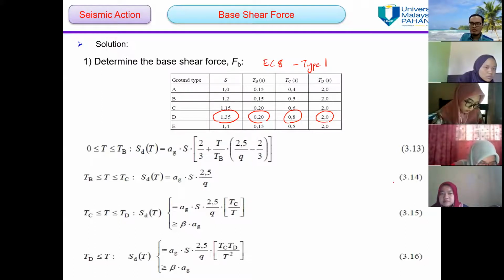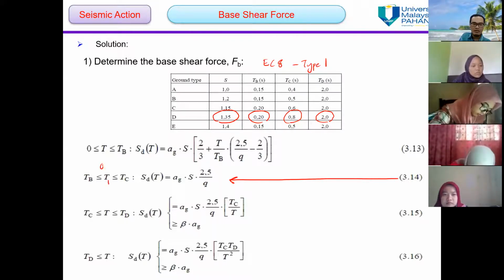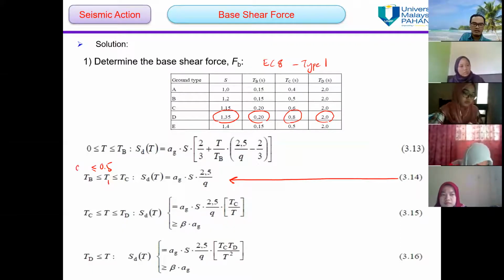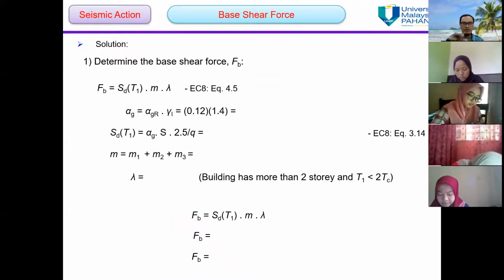We use equation 3.14 here because our T1 is 0.5, which is greater than TB but less than TC of 0.8. So it's between TB and TC. We use this equation. Can you use your calculator for me?